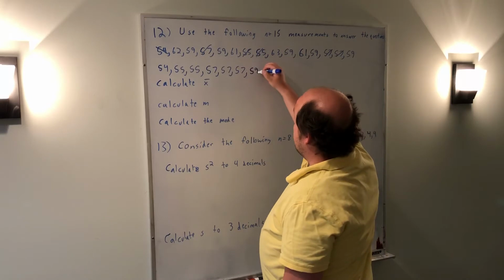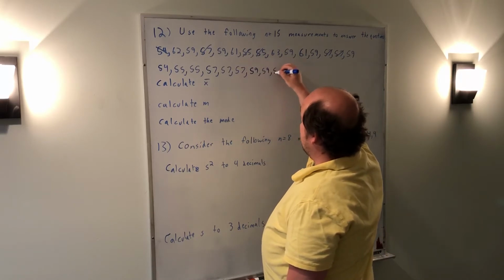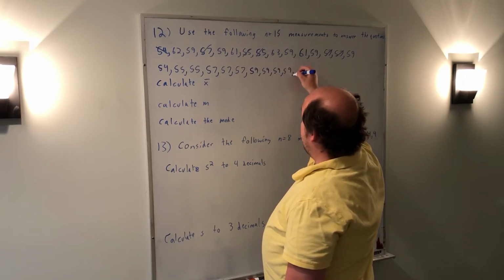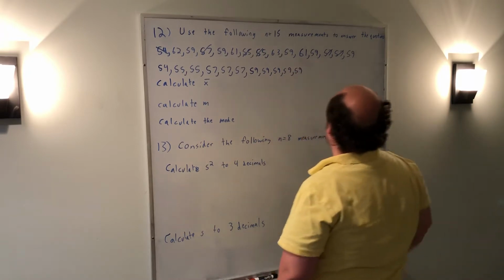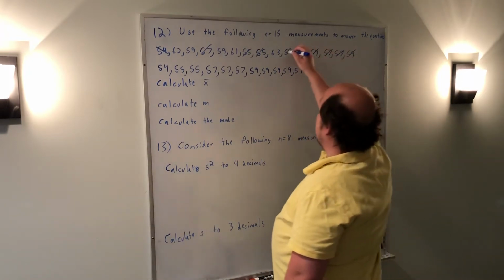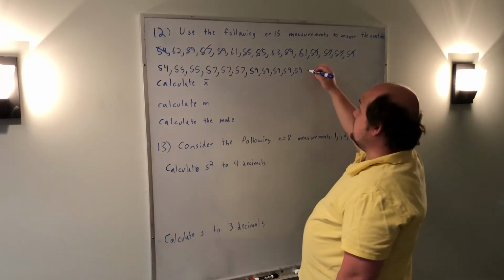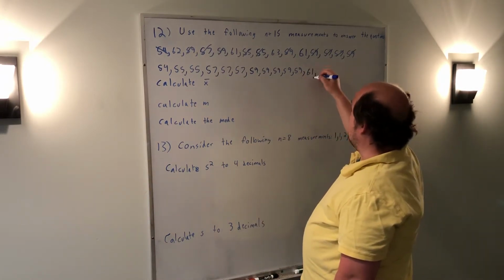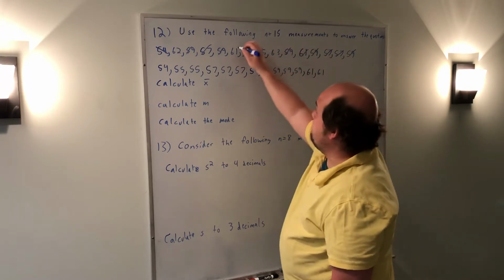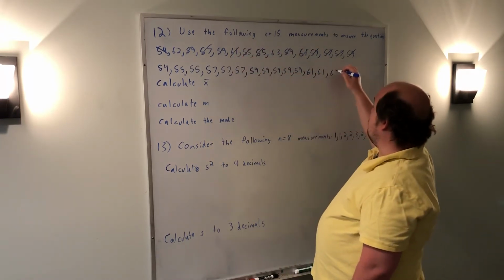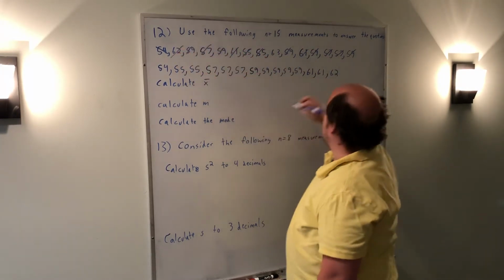Cross those off. Then I only see 1, 2 61s. A 62. And a 63.